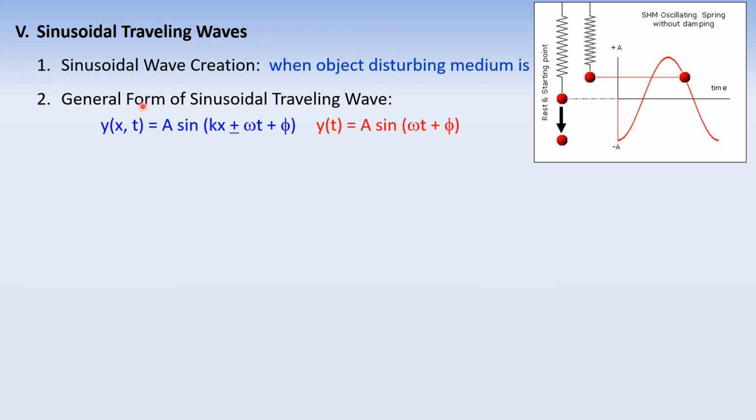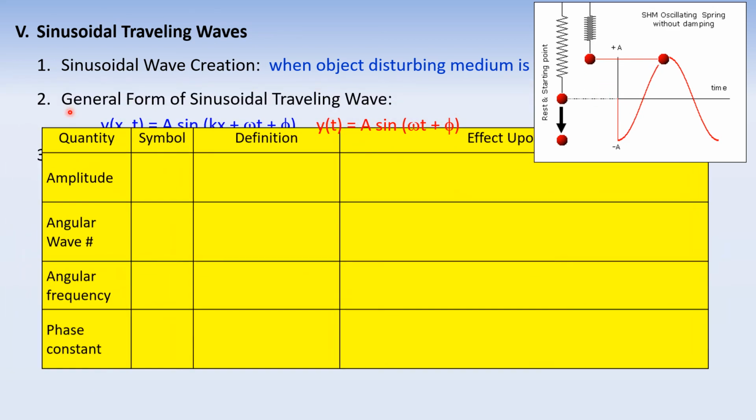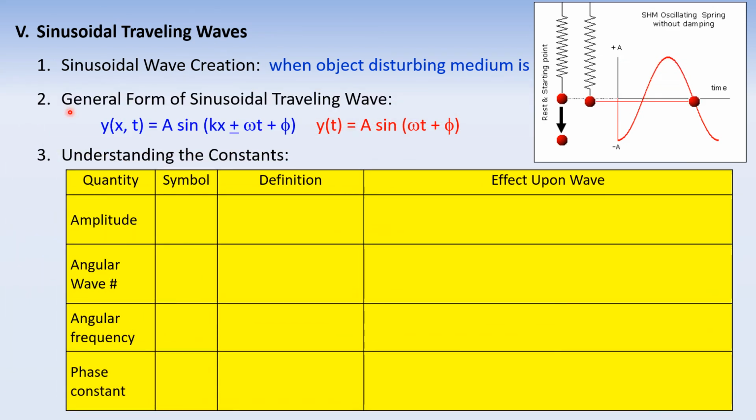So if we want to describe the variables in this generalized wave function, understanding what these constants mean, we'll take a look at them one at a time, and we'll see what effect changing these constants has upon the wave itself. Starting with the amplitude A, we've already said that's really the maximum displacement of a particle in the medium from its equilibrium position.